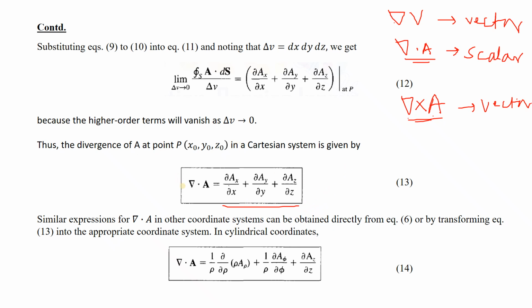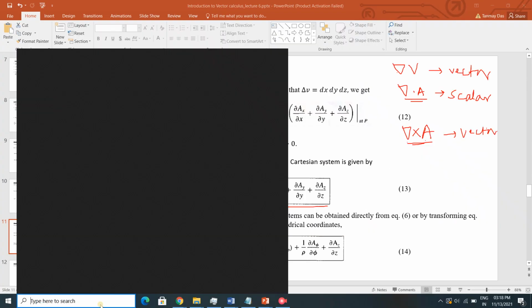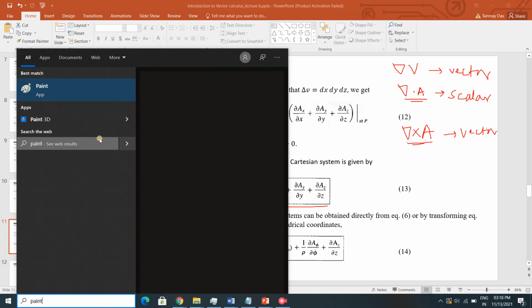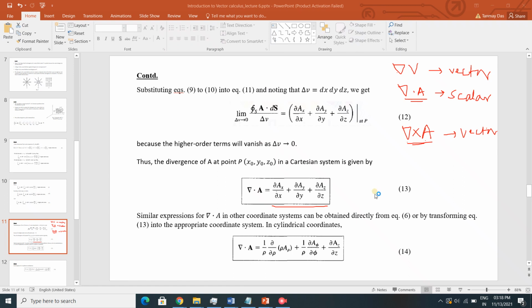It is a scalar because of the del operator. If you can remember, the del operator is, one second, I am just explaining to you. If you have anyhow forgotten, then for your understanding I am just showing that basic equation.